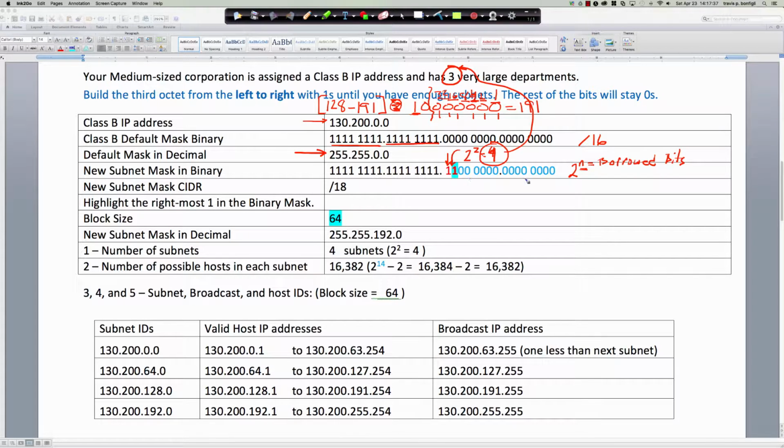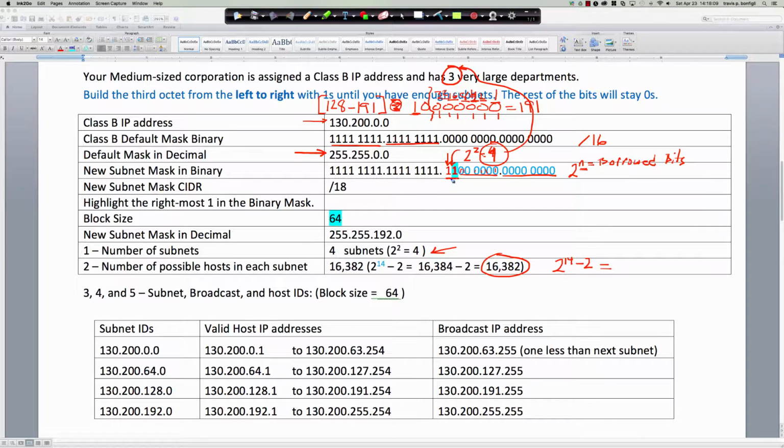It does. And in fact, take a look at how many host bits we have left over here. So we've got 8, 9, 10, 11, 12, 13, 14. So for hosts, we're going to end up with 2 to the 14 minus 2. And as you can see here, that's going to give us 16,382 usable host IPs in each subnet. And we're going to end up with 4 subnets.